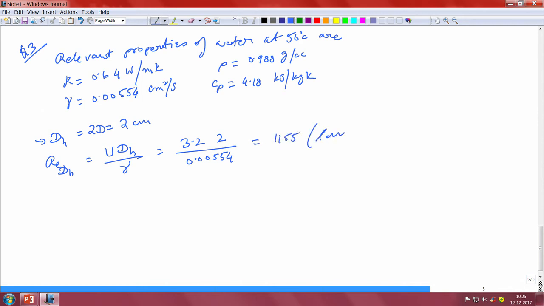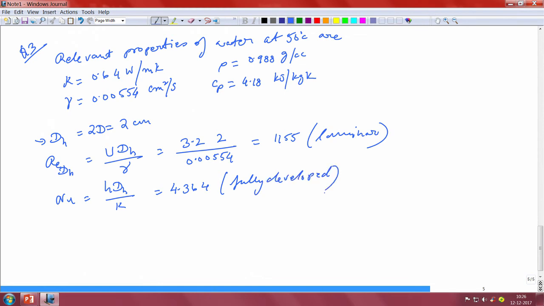So, which is very laminar. Around 2000 the transition starts to happen. This is almost half of it. Okay. So, the Nusselt number is h d_H by k, which is 4.364 for fully developed flow.